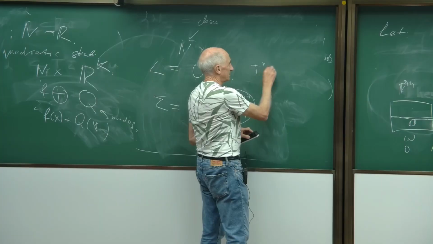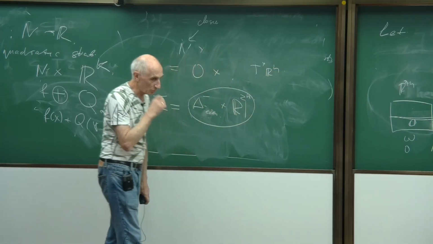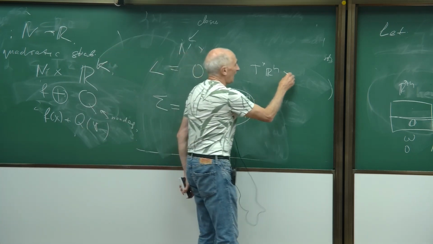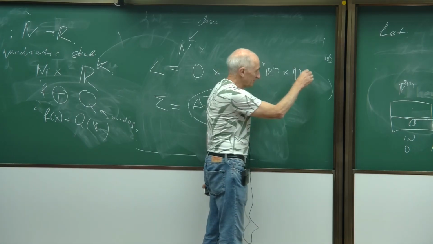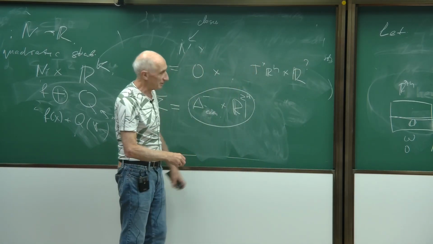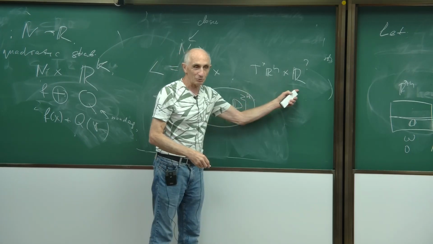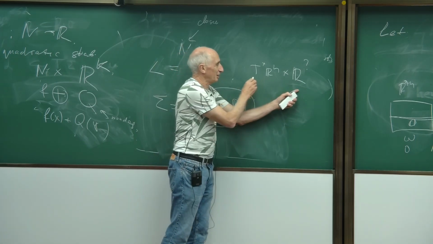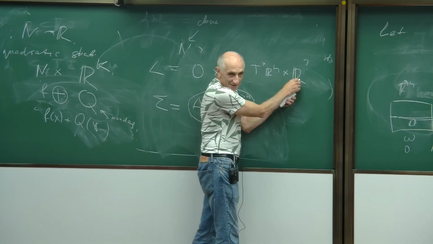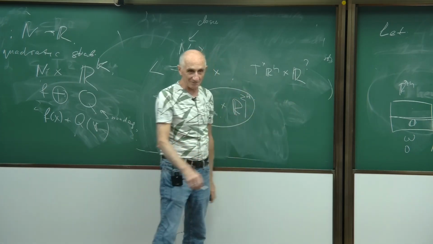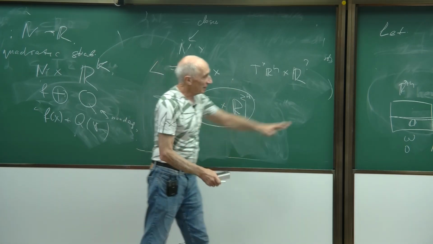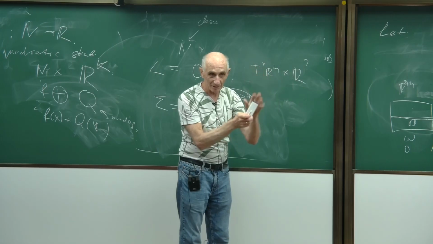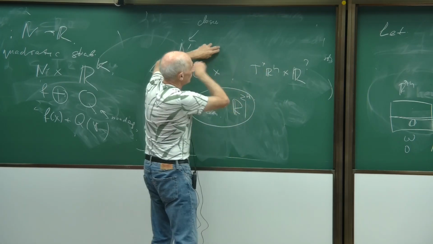I will say this T star of Rn. I want to have it, times some R of bigger dimension, and I would like to have a Lagrangian in the cotangent bundle of Rn times this, and after that take this reduction with 0. So look at what we have.